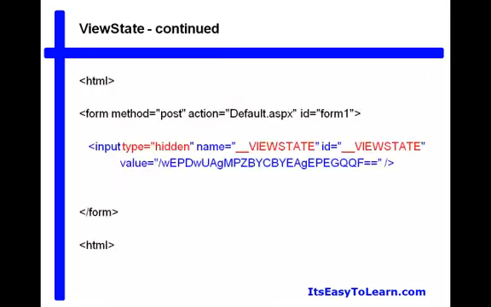For example, the HTML which comes to the browser would have this format. There will be HTML, and in the form there would be a hidden field, input type equal to hidden. The name is __VIEWSTATE, okay, and the value is a base64 encoded string. This string is the name value pair which the server generated using the controls that are defined in the ASPX page.